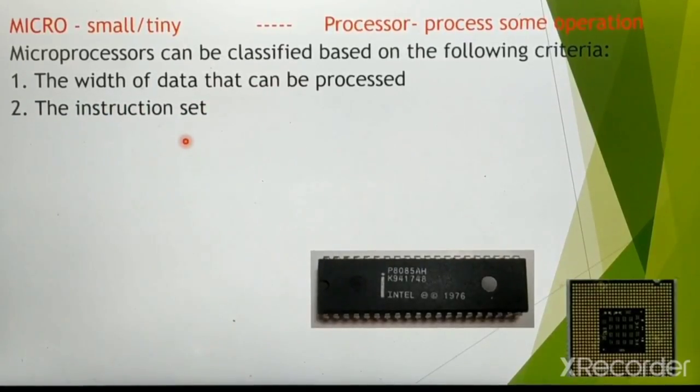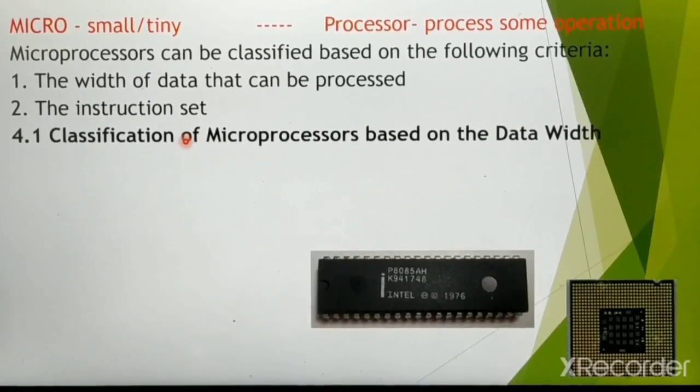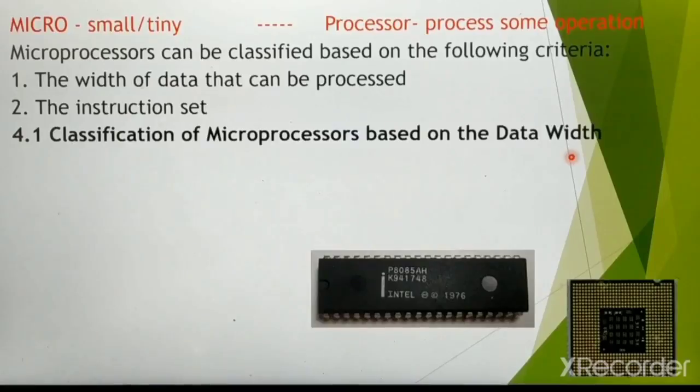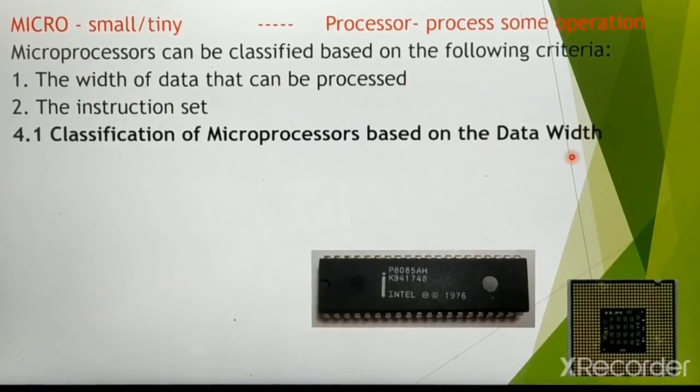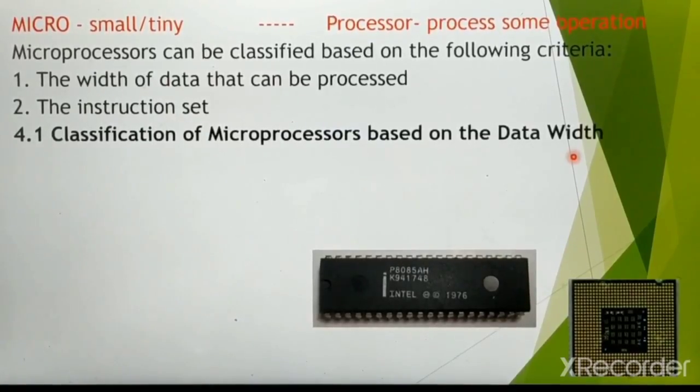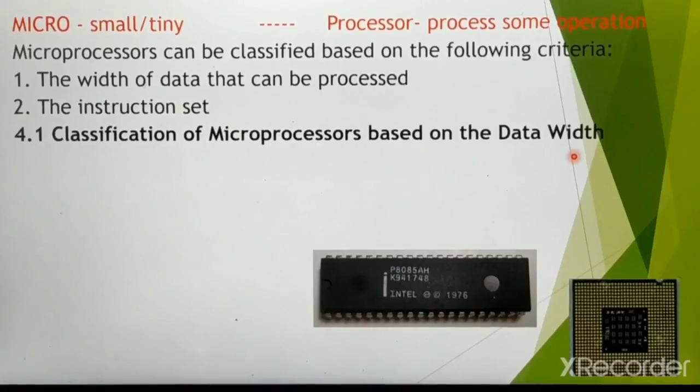First, let's see how we can classify the microprocessor based on data width. We know what is data width. Data width means the number of bits that can be processed by a processor in a single instruction. Here we have different types of data width like 8 bits, 16 bits, 32 bits and 64 bits.